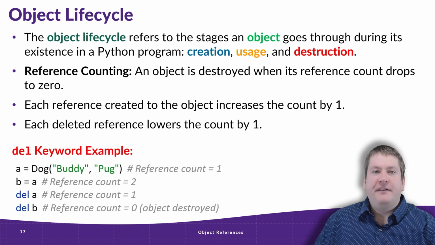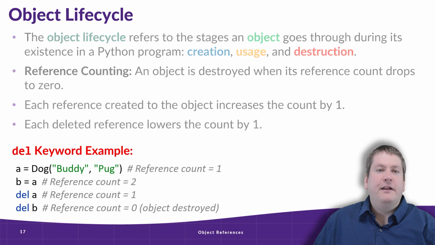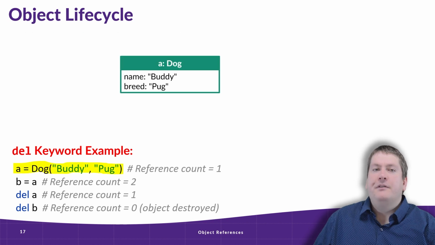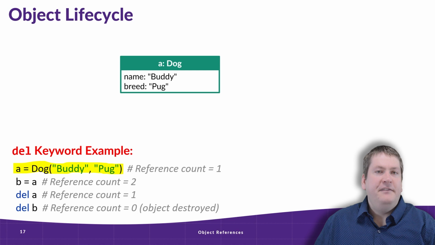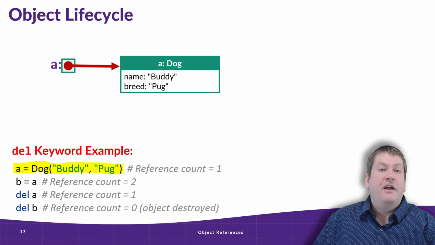Let's take a look at an example for the delete keyword. In this example, we are making an instance of Dog for a dog named Buddy who has a breed of pug. Let's take a look at how this works. So in the first line, we make that instance. So in the computer's memory, this instance exists, and we're making a reference to this instance. In this case, a is going to reference the instance.